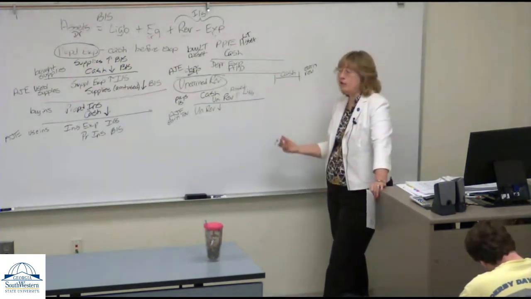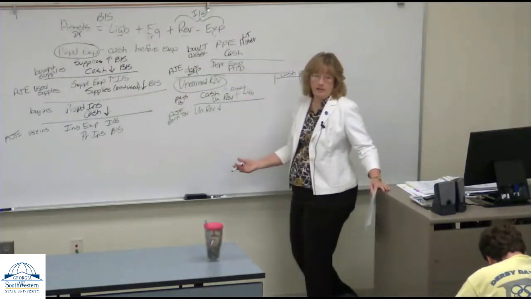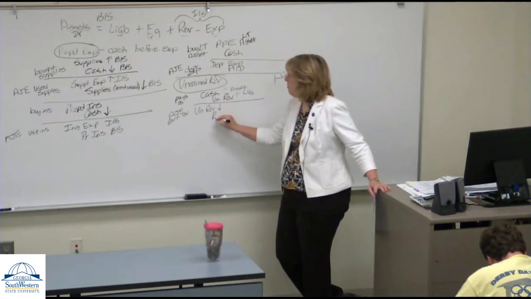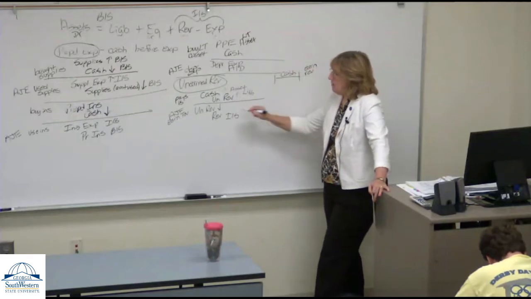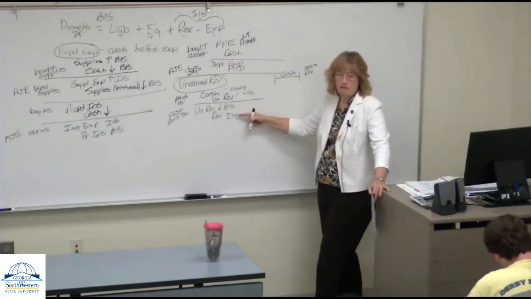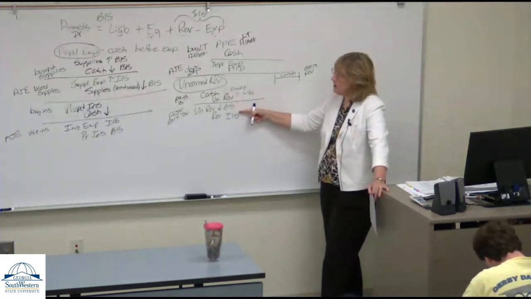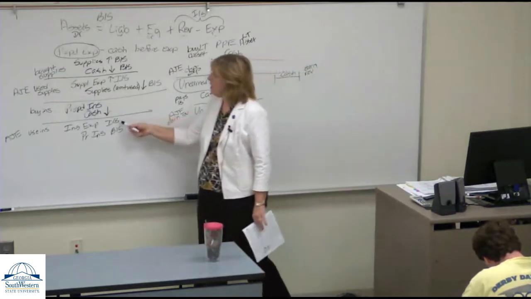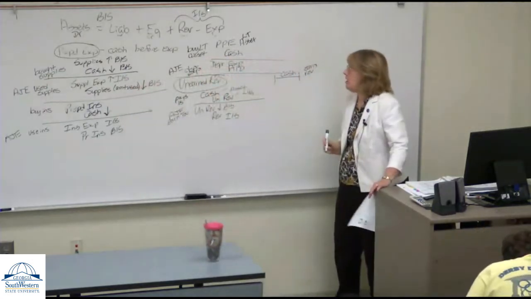So when we earn our revenue, what are we going to be crediting? Revenue, right? We're going to be crediting revenue, which is an income statement account, and unearned revenue is a balance sheet account. See how on our adjusting entries we have an income statement and a balance sheet account. On all of these adjusting entries, we have something on the income statement and something else on the balance sheet, right?